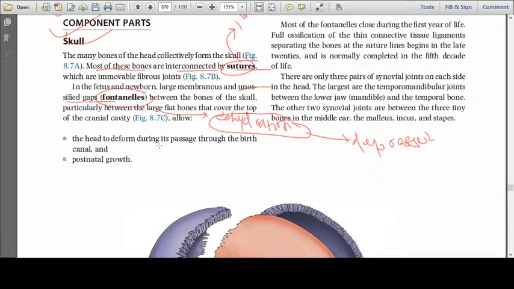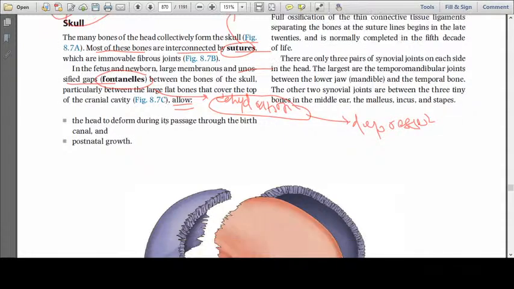In the fetus and newborn, the large membranous unossified gaps, fontanelles, between the bones of the skull, particularly between the large flat bones that cover the top of the cranial cavity, allow the head to deform during its passage through the birth canal.